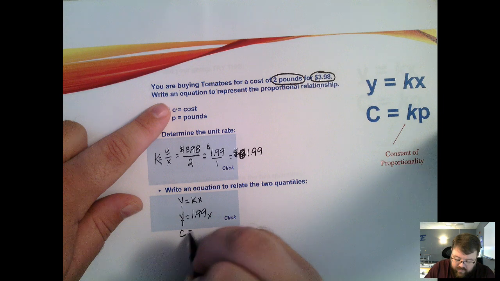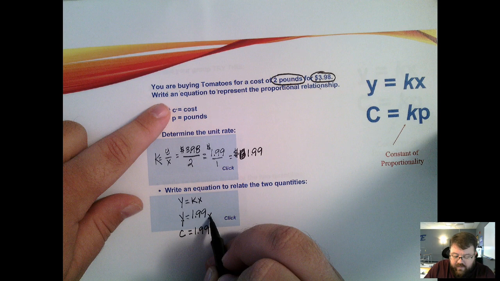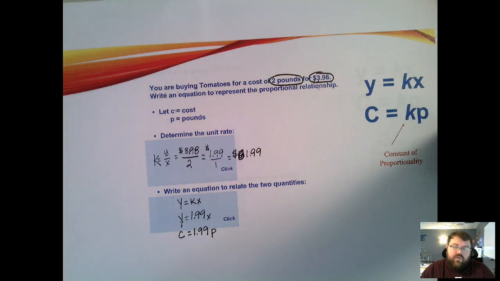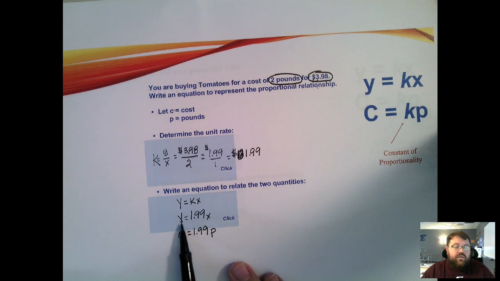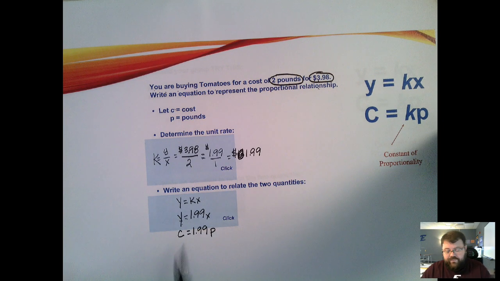So the cost is equal to $1.99 times, instead of X, it is the pounds of tomatoes that you have, okay? This is difficult for students, and I understand why it's difficult for you. So right now, for this slide, if you're okay at this point, I'm fine with it. So if you understand how we got the equation, perfect, you're right where you need to be. But we're going to build on this throughout this lesson.